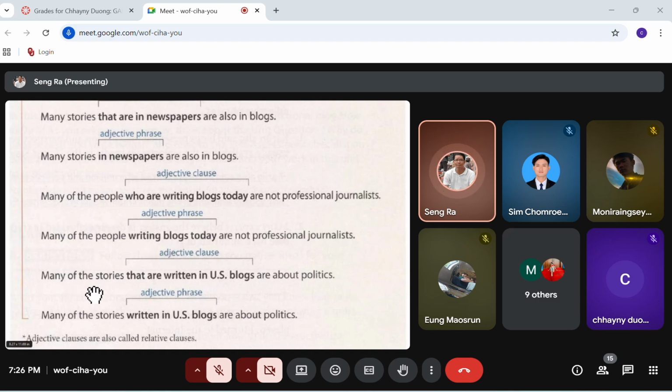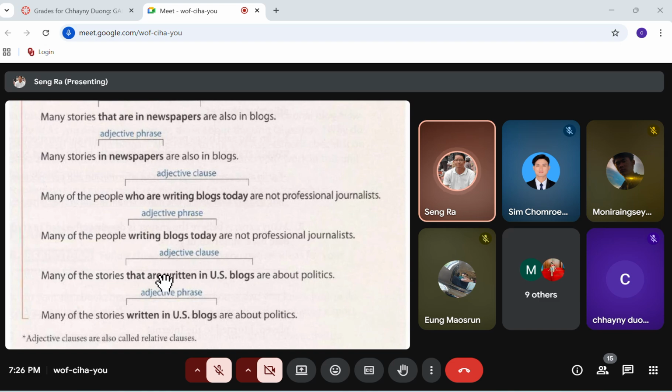So this is the last example with the passive form. Many of the stories that are written in the U.S. blogs are about politics. Here, "that are written in the U.S. blogs" is an adjective clause. It's a passive voice.